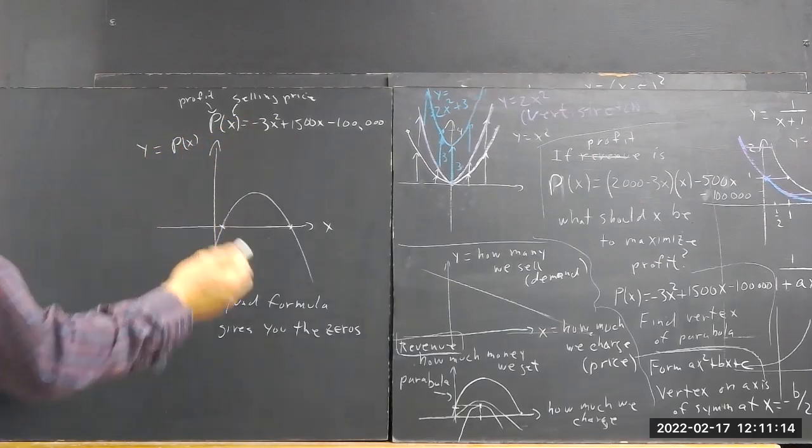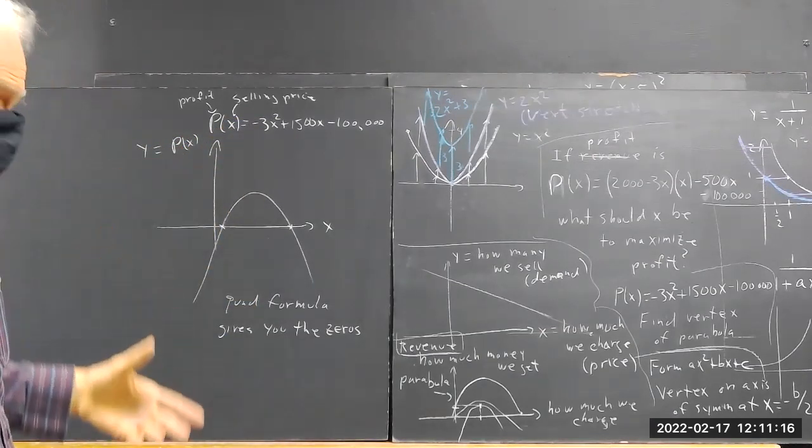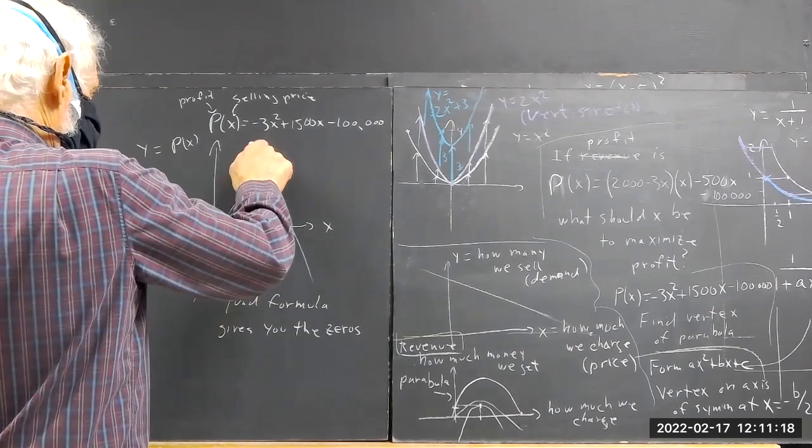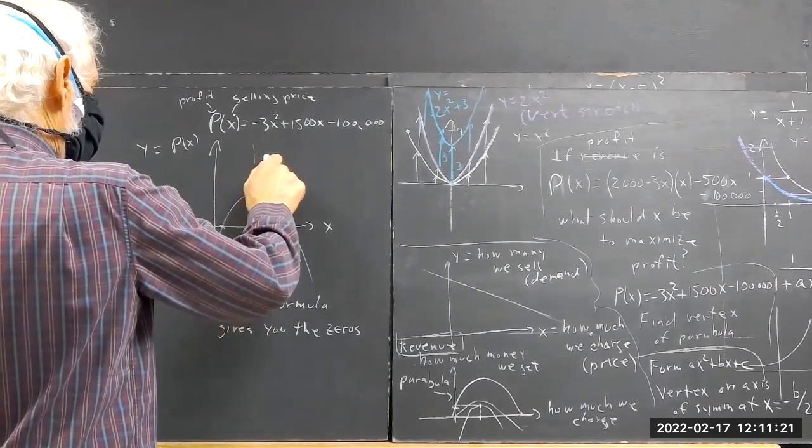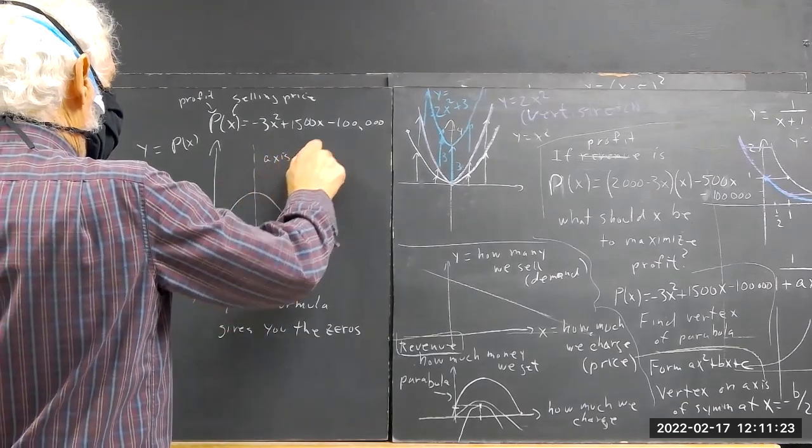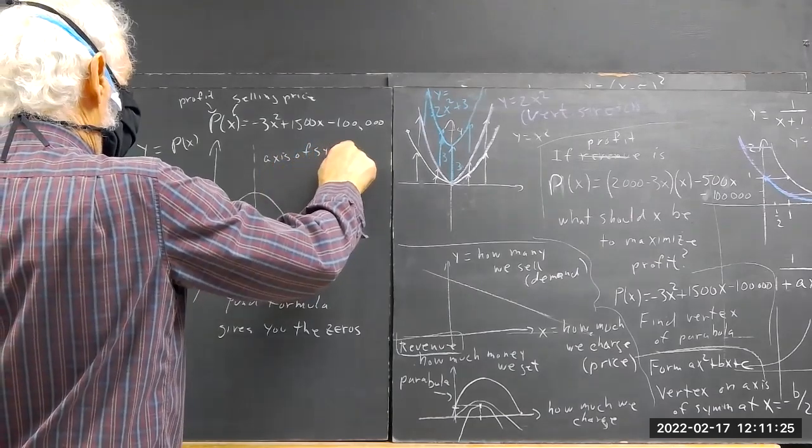We'll let y be P of x, we talk about y. And the axis of symmetry.